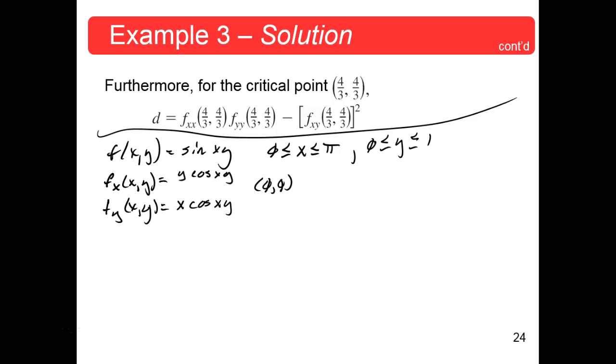Another place they're equal to 0 on this limited domain. Where is cosine equal to 0?